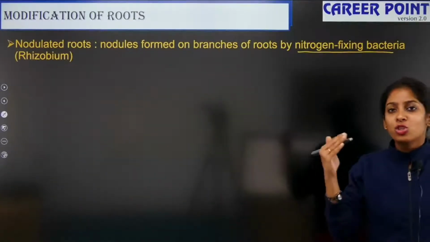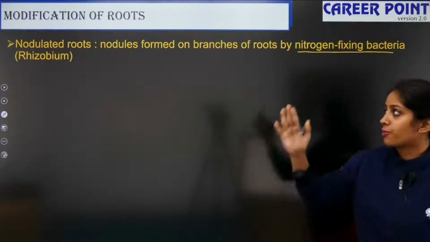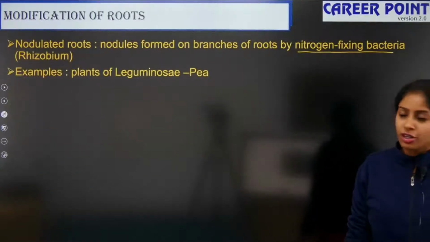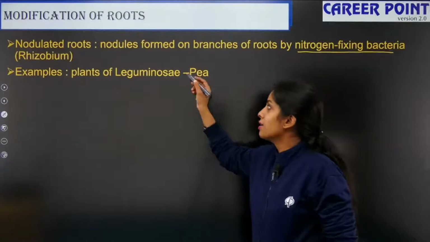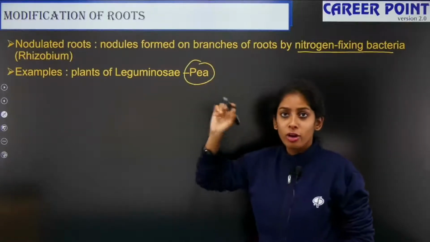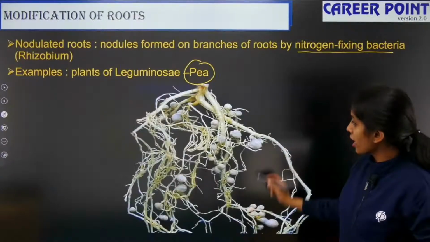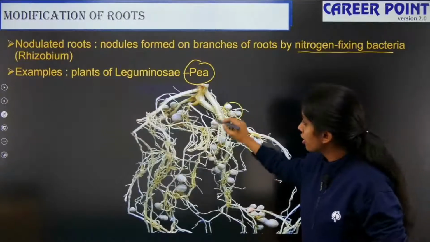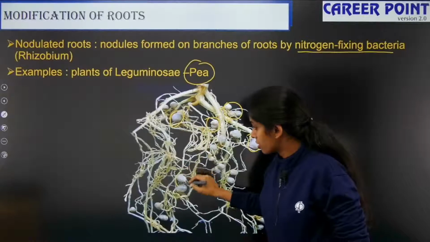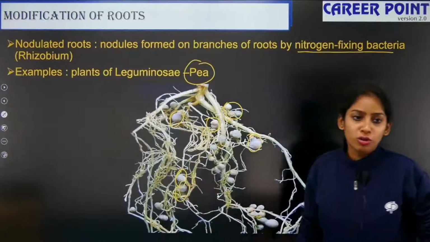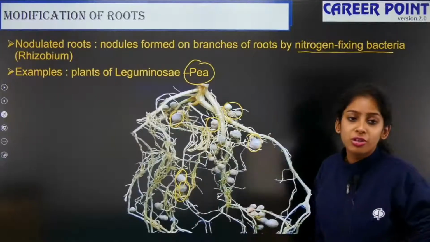So basically those roots help in fixing nitrogen. So thus they are called as nodulated roots. So examples are plants of legumes which cannot fix nitrogen on its own. So example is your pea plant. Okay, so these round structures are your nodules which are formed on the roots, right? So this is your nodulated root.